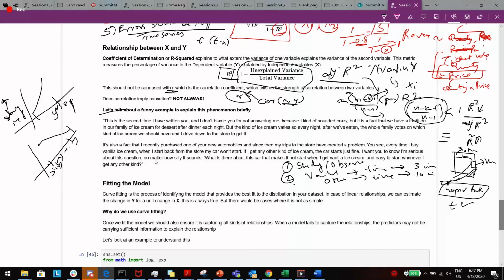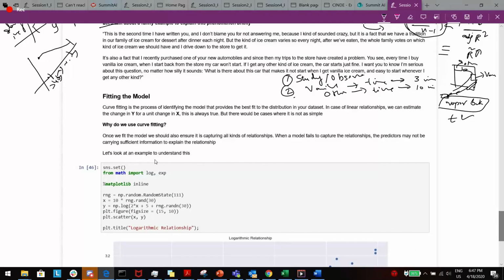Are we clear on the concepts of correlation and causation? Okay, we'll just move on to the next one.